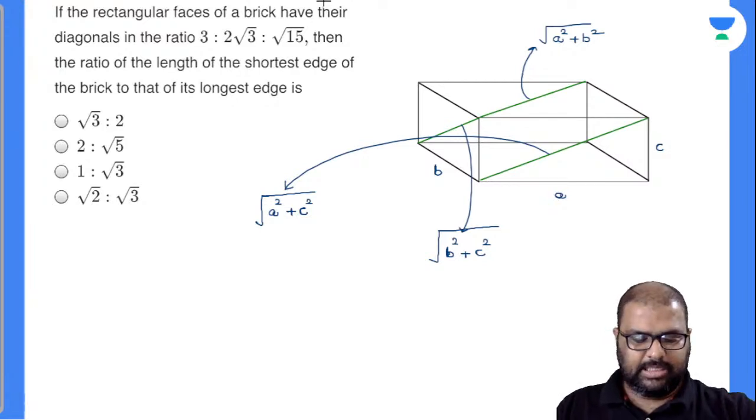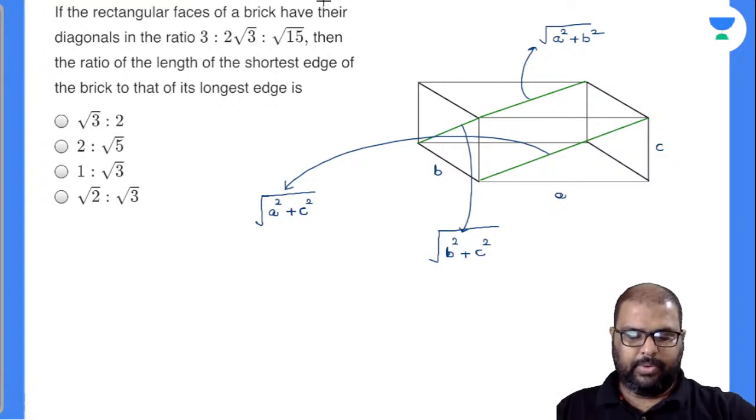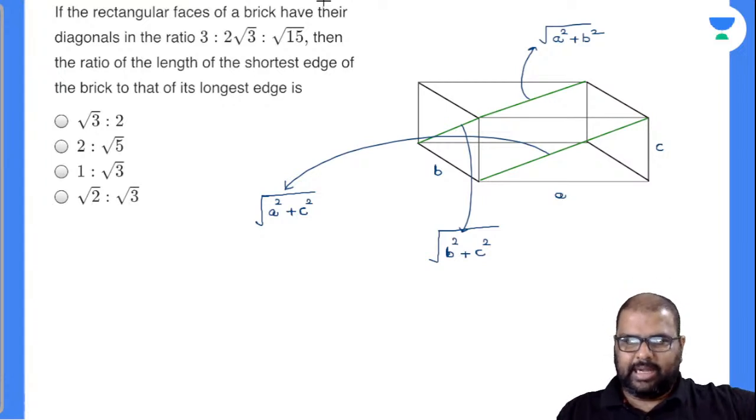Root 15 is nothing but 3 point something, right? So I can write it like this: 3.87. So which is first, which is second, which is third? Now I can write it like this.